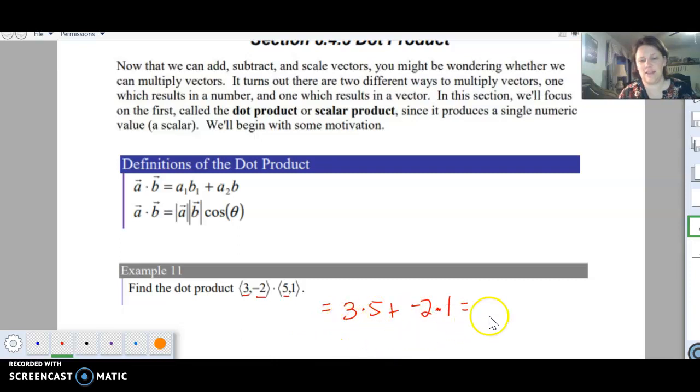Multiply them together, add them up, so we're going to have 15 plus negative 2, and that is equal to 13.